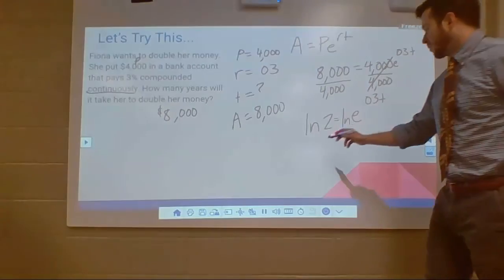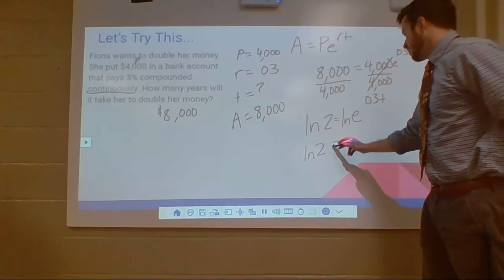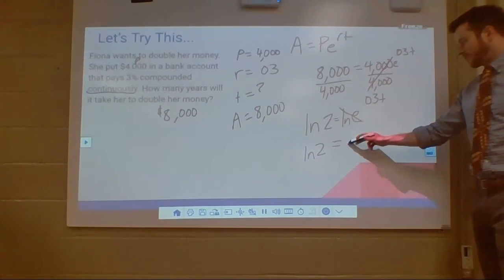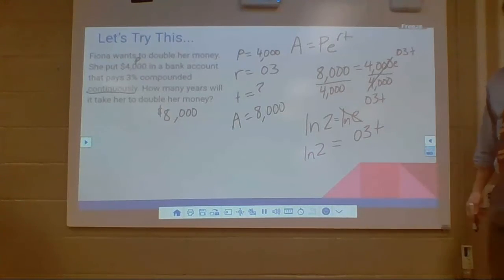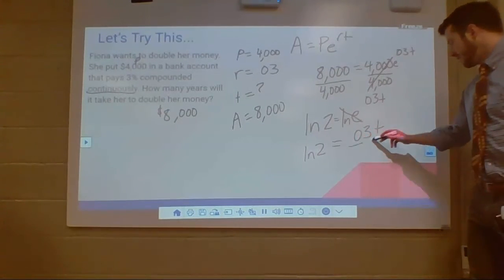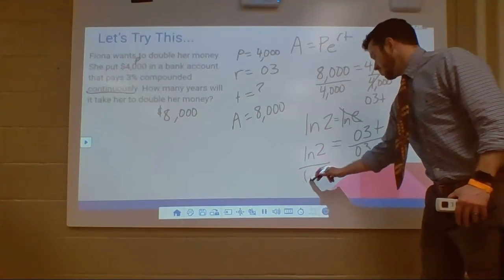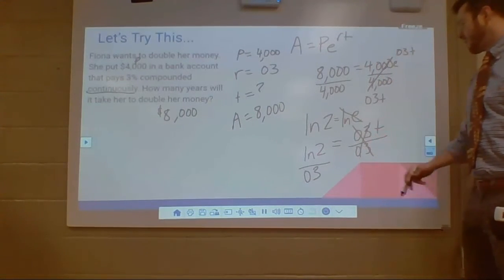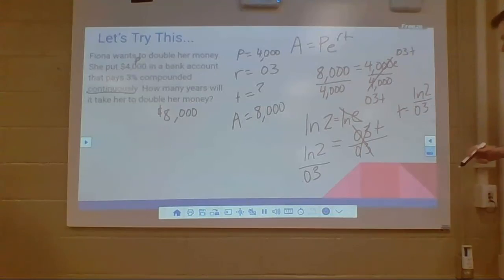So we're just going to be left with the natural log of 2 equals 0.03 t. And at this point, to isolate t, we're just going to divide by 0.03. So we cross that out, and we get t equals ln 2 over 0.03.